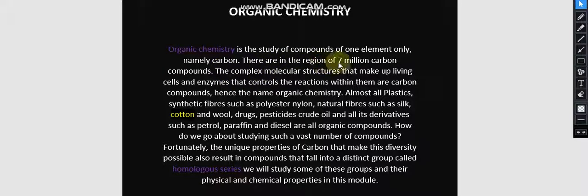So there are in the region of 7 million carbon compounds, right? So we have a lot of carbon compounds.